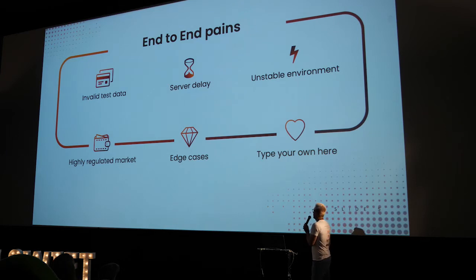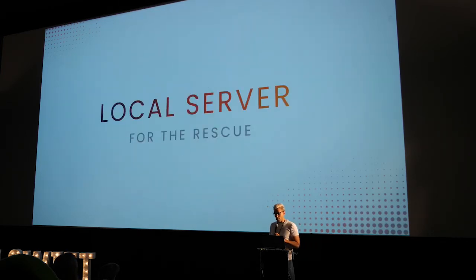So here comes the idea of a local server, but not a local server as a Docker image or as a server on a local machine somewhere, because that's again like end-to-end testing, but on a different environment.